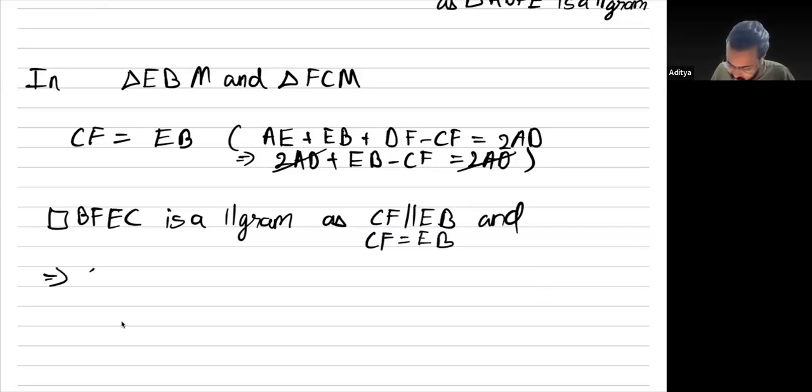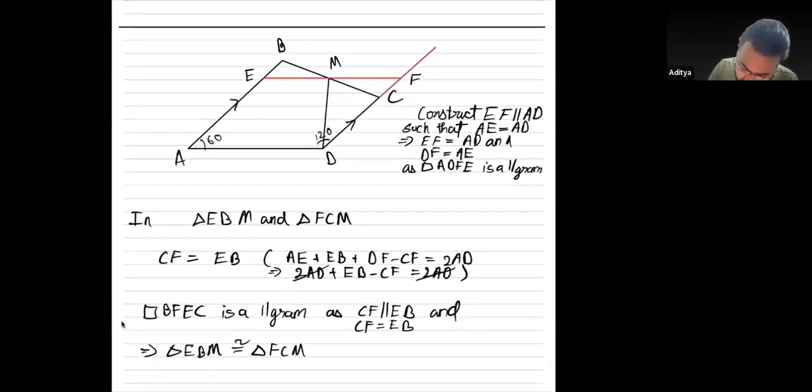So we get directly triangle EBM congruent to triangle FCM. So we can write these two are equal. This side length equal to this.